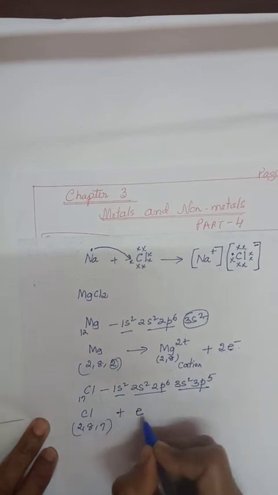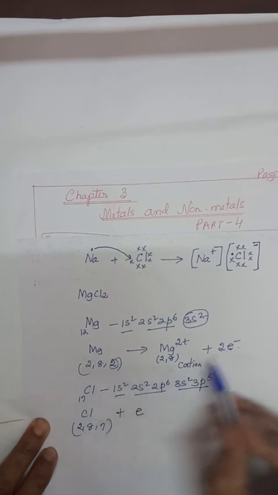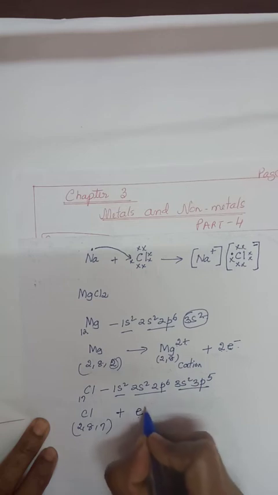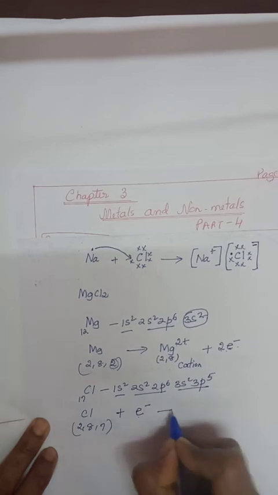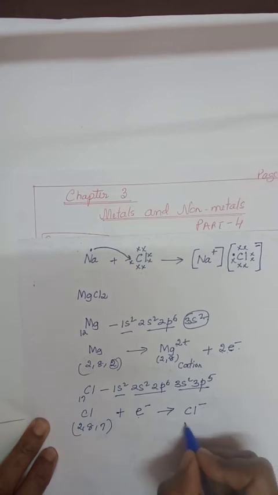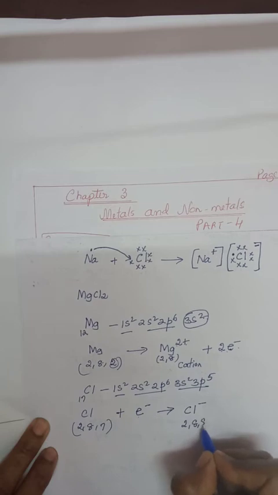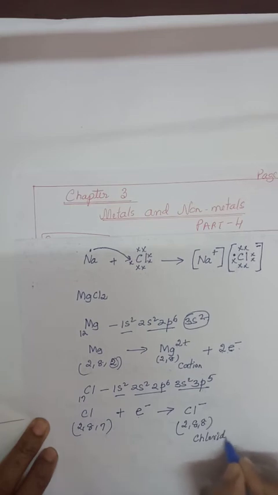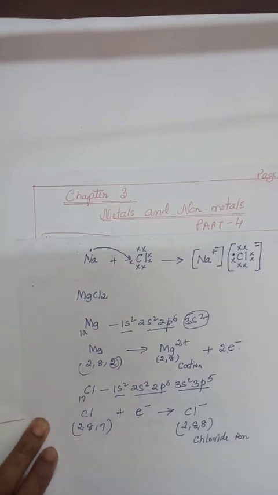Magnesium is losing 2 electrons. Now, 1 chlorine atom is receiving 1 electron. As a result, it becomes a chloride ion. Now its electronic configuration is 2, 8, 8. Now it is octet configuration. This is the chloride ion.